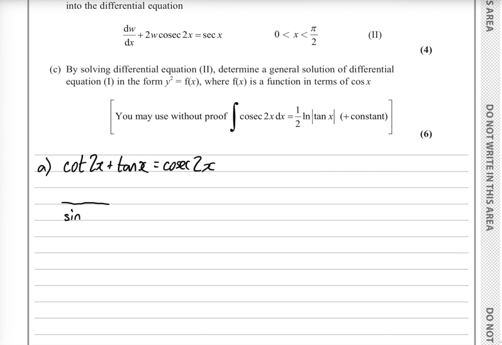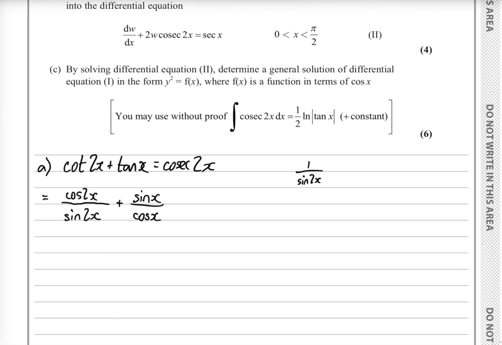Let's have sine 2x, cos 2x here, and sine x, cos x here. And this is, let me do it like this, but on the side, remind ourselves that 1 over sine 2x is what we're looking for on the right hand side to get cosec 2x.